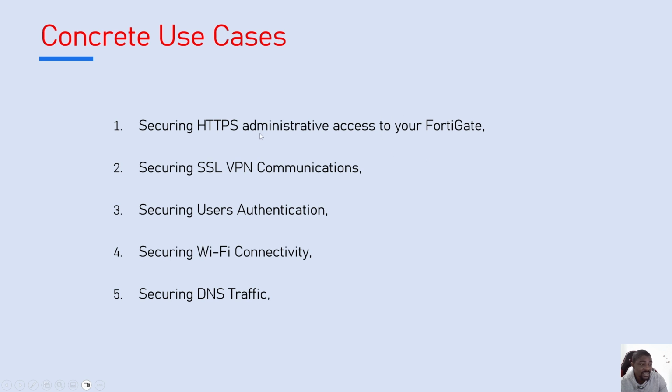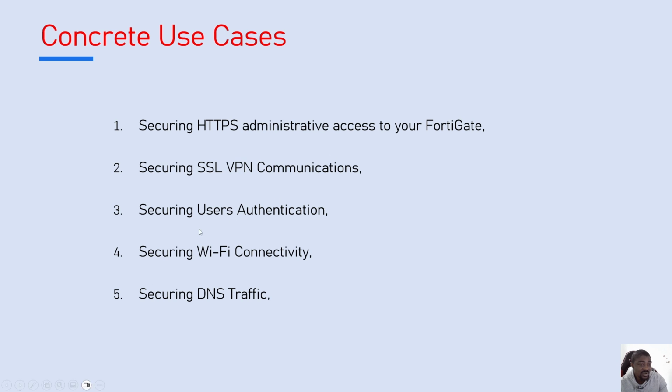It is even recommended by Fortinet. You can also secure SSL VPN communication, so users connecting to your network through VPN. You can use a Let's Encrypt certificate to secure that communication.